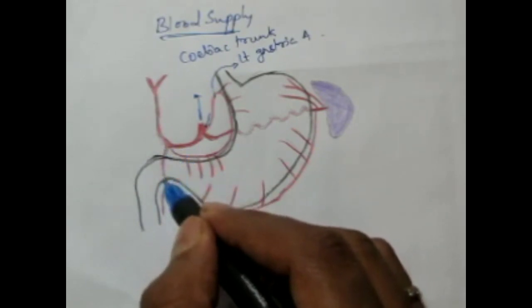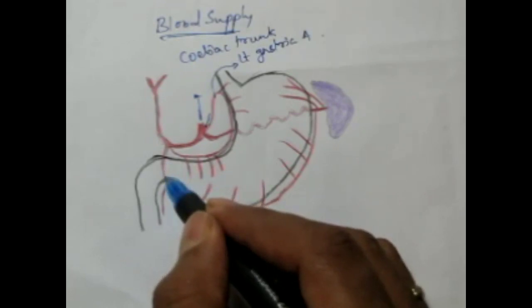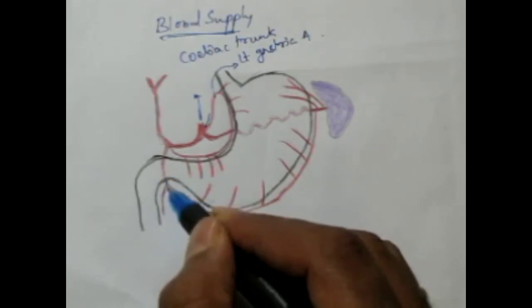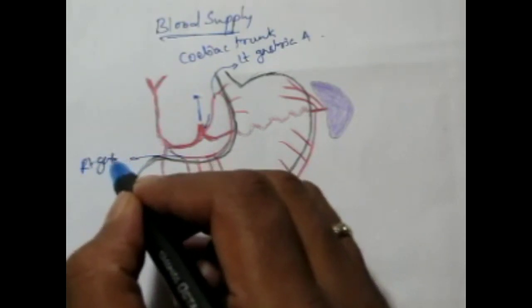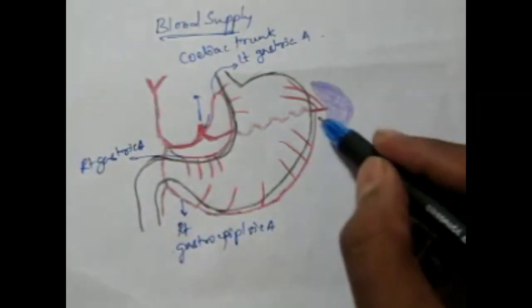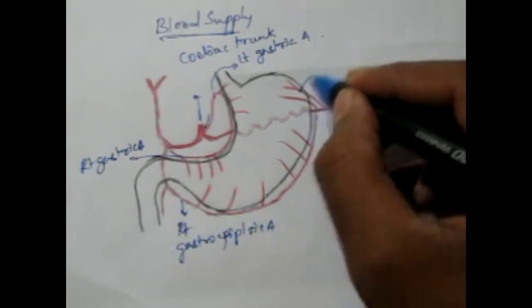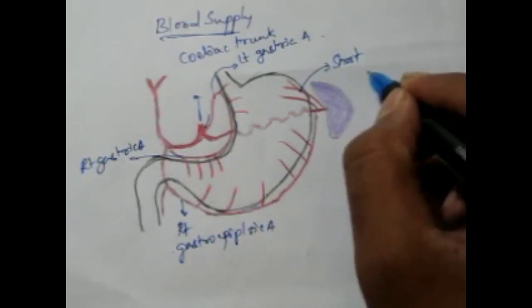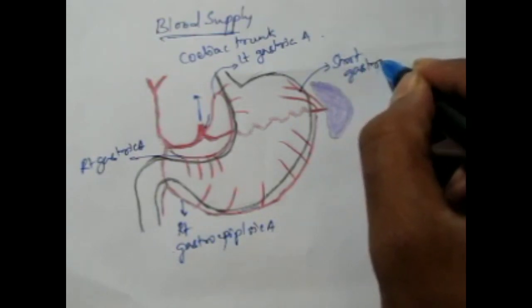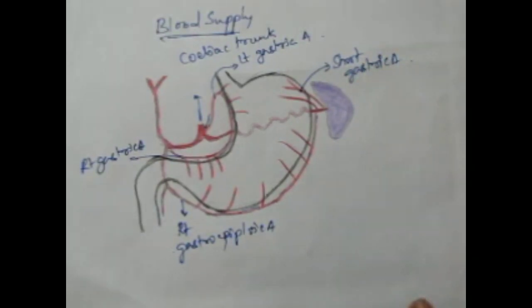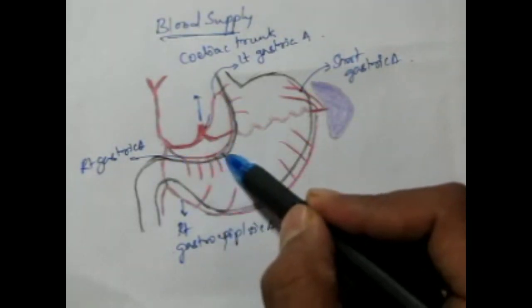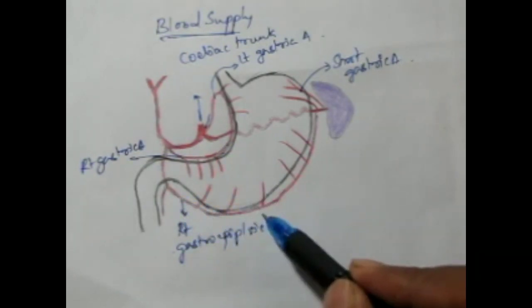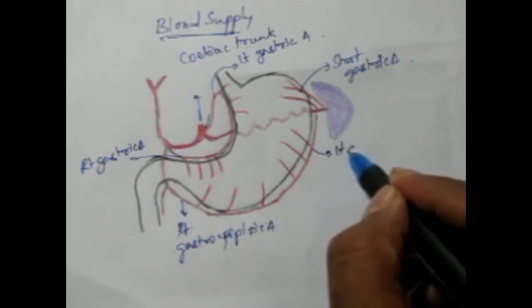The gastroduodenal artery, after crossing behind the first part of the duodenum, divides into two branches: the superior pancreaticoduodenal artery, and the right gastroepiploic artery. And these are the short gastric arteries. So it is supplied by the short gastric arteries, left gastric artery, right gastroepiploic and left gastroepiploic artery.